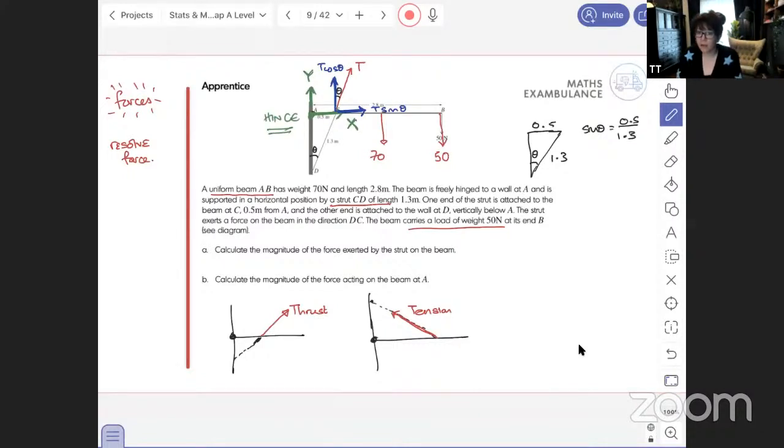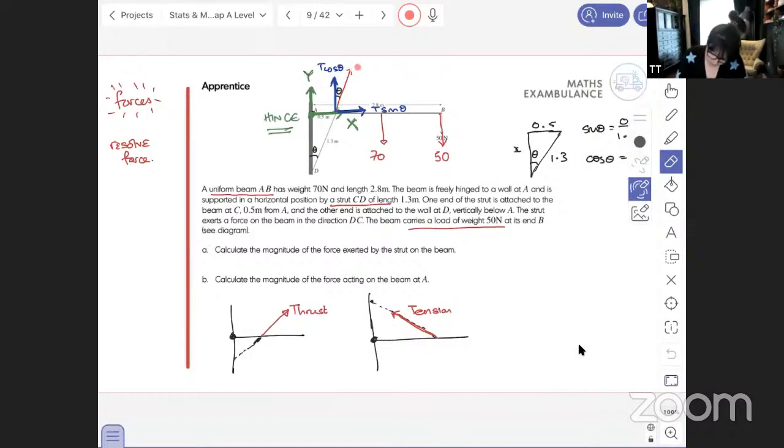Now you can get cos theta in a couple of ways. You can get cos theta by using Pythagoras to get this length, that squared plus that squared is that squared, and then cos theta will be that length over 1.3, adjacent over hypotenuse. Now we know what cos theta is, we know what sine theta is, so we can put the blue ones on, and now the red one becomes irrelevant.